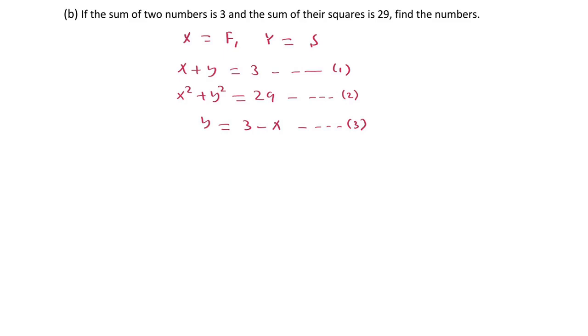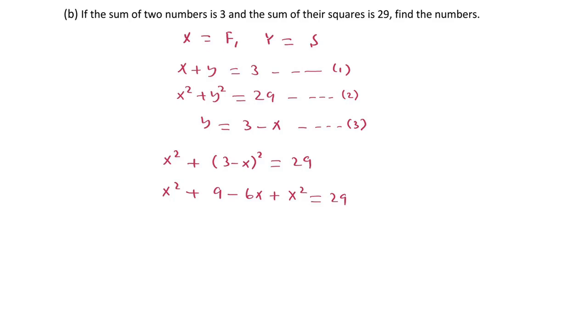Our equation is going to be x squared plus (3 minus x) squared equals 29. Let us now expand the squares. We are going to have x squared plus 9 minus 6x plus x squared equals 29.